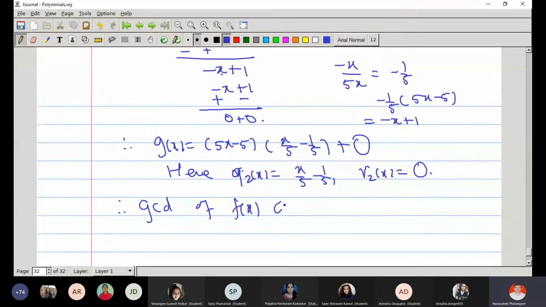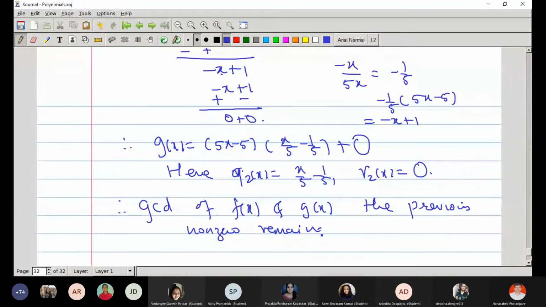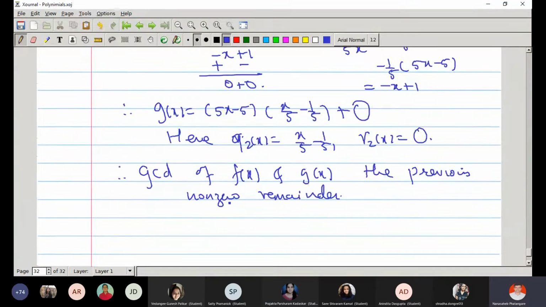Then what is the previous non-zero remainder? For GCD of f(x) and g(x), the previous remainder is 5x minus 5.